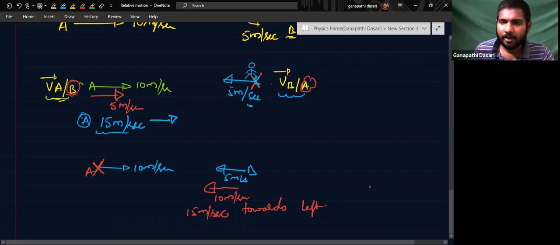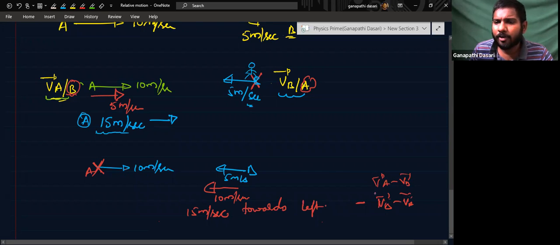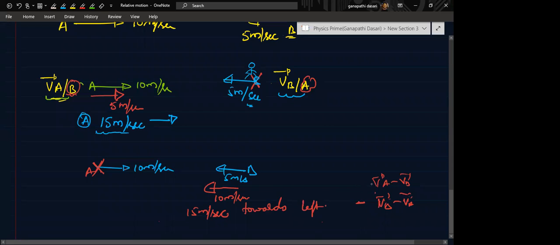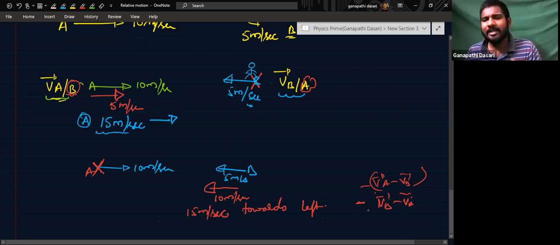Because A with respect to B means we do VA minus VB, and B with respect to A means VB minus VA. VB minus VA can be written as minus of VA minus VB. That is, both vectors' magnitude will remain the same, but the direction will be opposite.